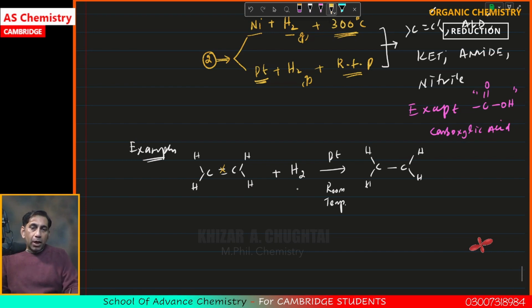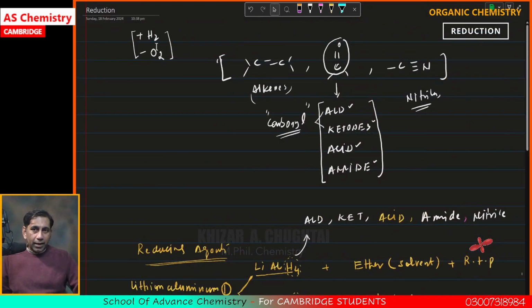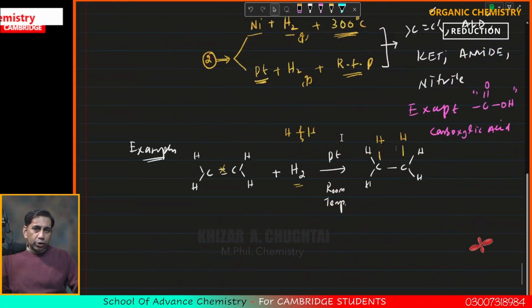Got it? Now, here are two hydrogens, and I can write the hydrogen molecule like that. It's also broken. The H-H bond is broken, and here will be one H, and here will be another H. So this is called addition of hydrogen, and as we have seen, addition of hydrogen is said to be reduction.